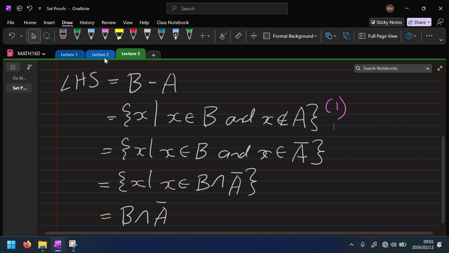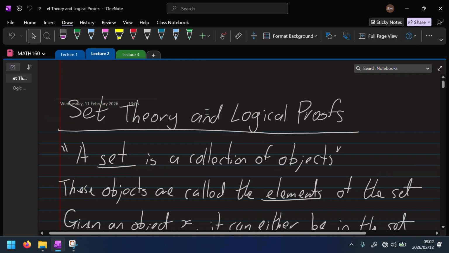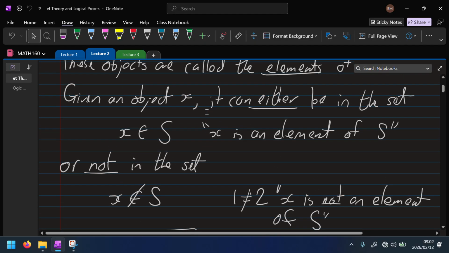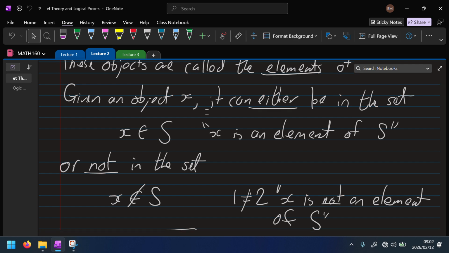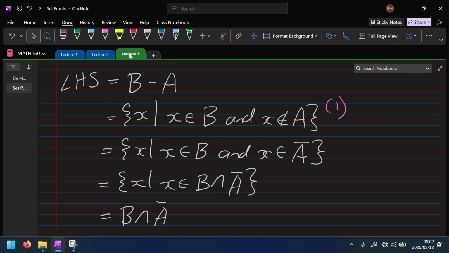That's from lecture 2, right at the beginning. There. X is an element of S. If X is not an element of S, then it's an element of the complement. Okay. So that's from the lecture 2 there. That was number 2.